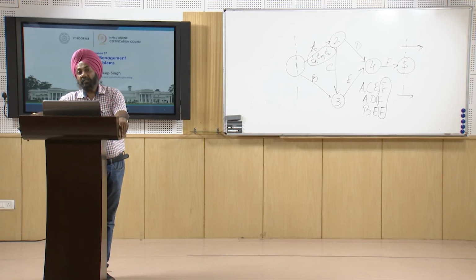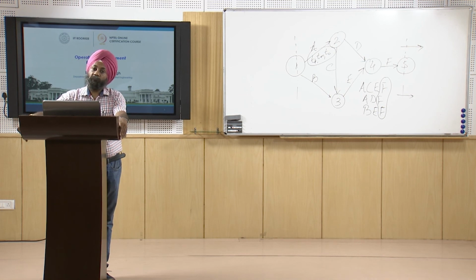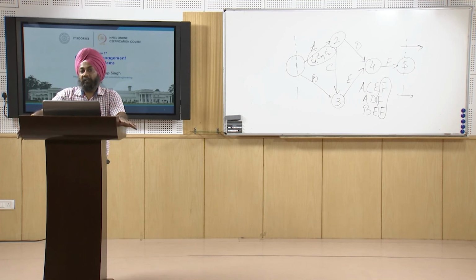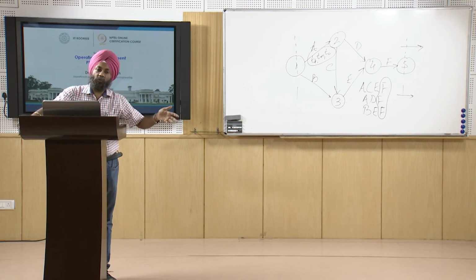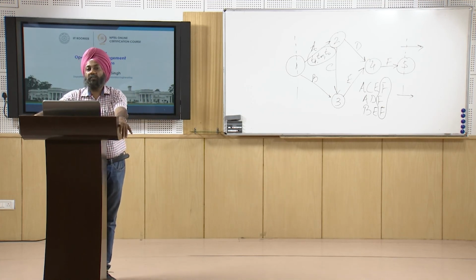That means there is a 95% probability that the project will be completed in 22 weeks. So you see that when we reduce the project duration, we see the change in probability.